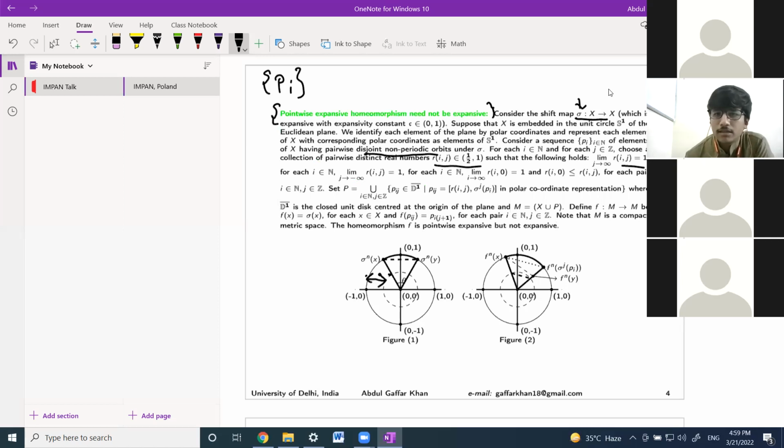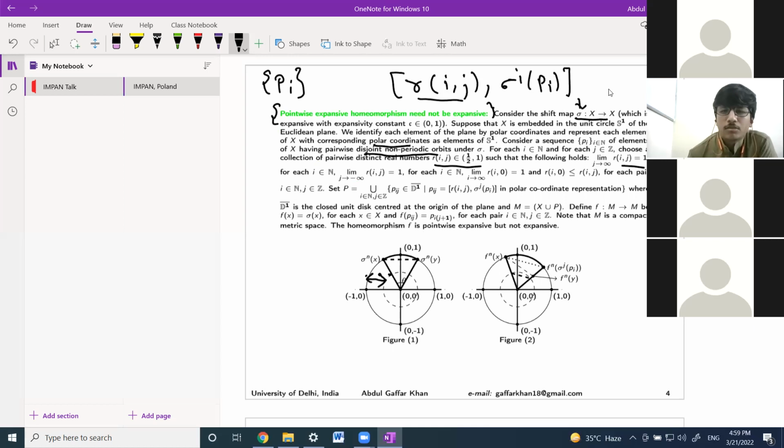Using this, he said that let us embed into a circle so that each point has its polar coordinate representation, and with r_ij, the sequence he has considered as the radius, he has defined the angle in this form.